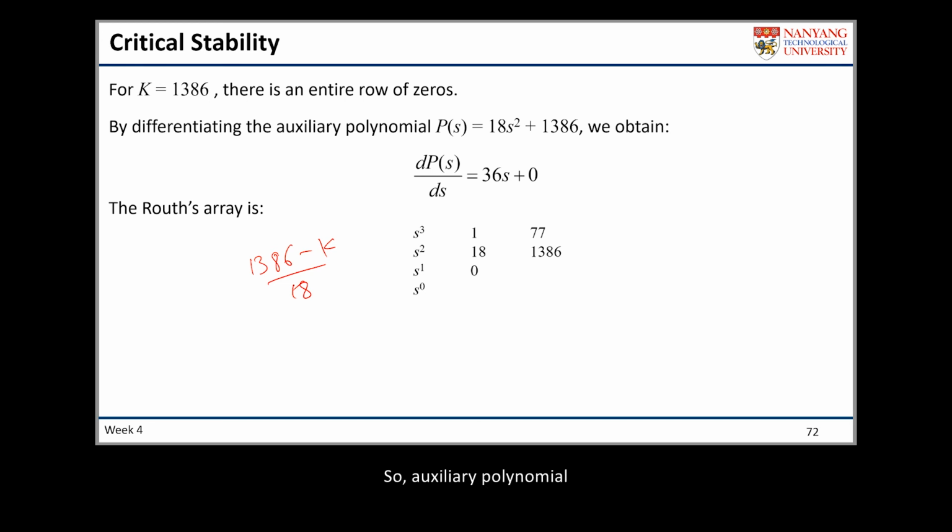The auxiliary polynomial is formed from the row immediately above the all zero row, which is this one, right? 18 is coming from the s squared, and 1386 is coming from the constant. So our auxiliary polynomial P(s) will be equal to this. If I differentiate P(s) with respect to s, I will get 36s. So I will replace this 0 on row number 3 with 36.